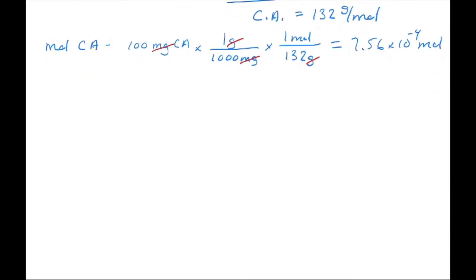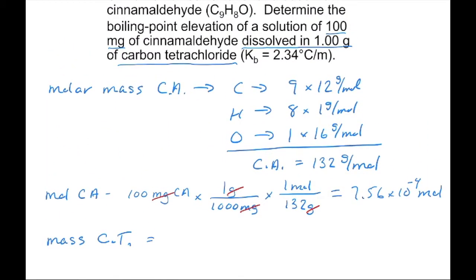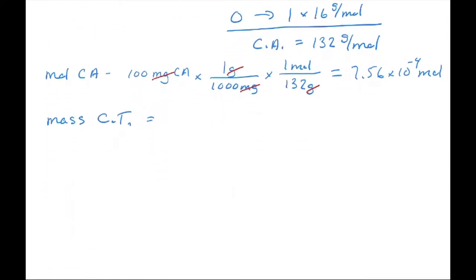Now we need to figure out the mass of our solvent, of the carbon tetrachloride, but it has to be in terms of kilograms. Okay, so it's given to us in grams. So we got to turn that into kilograms. So mass of carbon tetrachloride equals, and if we go back up, we can see that it is 1 gram of carbon tetrachloride.